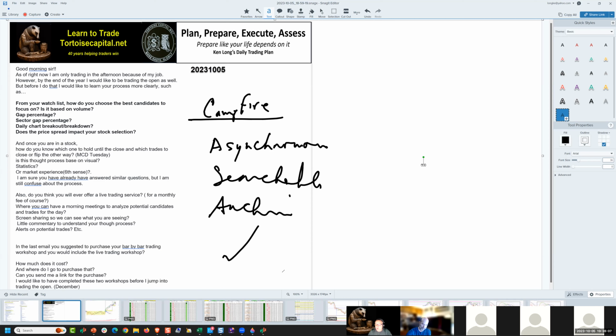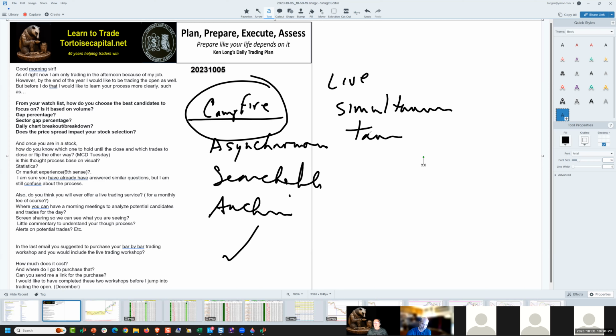You can actually exchange live messages on there if you both happen to be in the chat room at the same time, and you'll see a lot of that, more so in the older days. What it's not great at is live simultaneous trading, because you have to upload, you have to type, you have to upload.